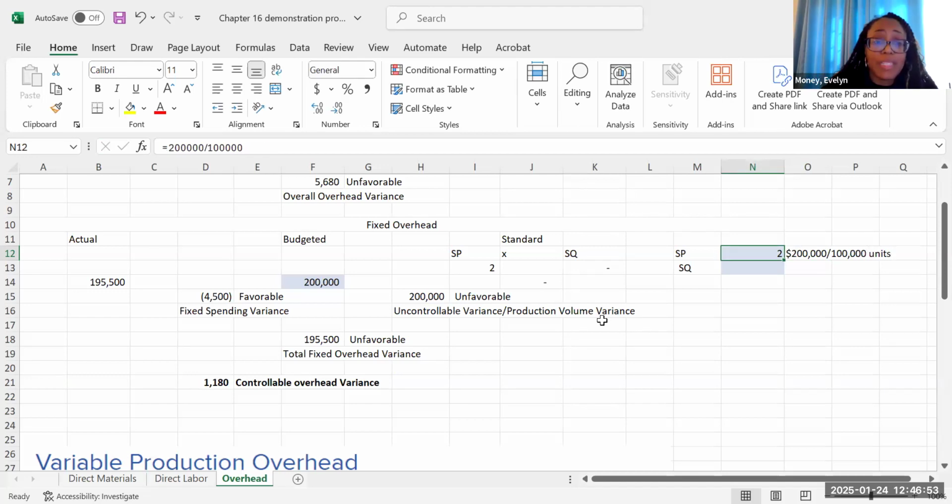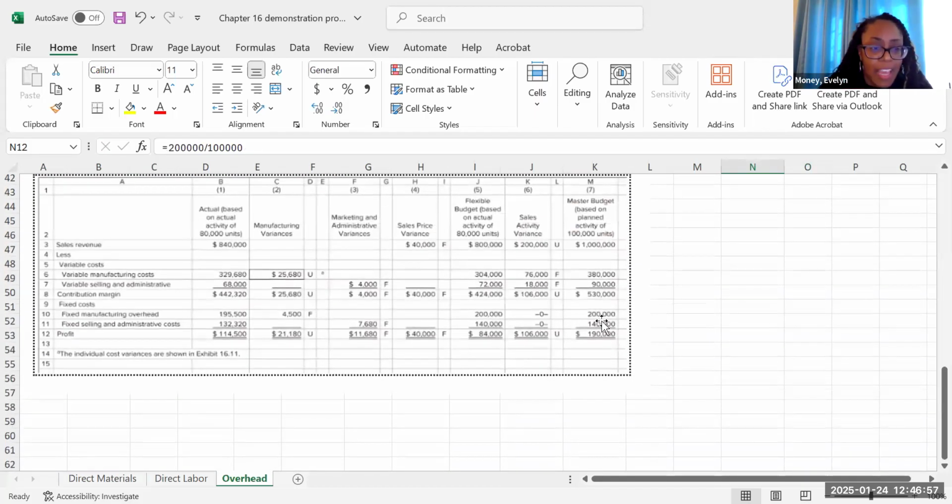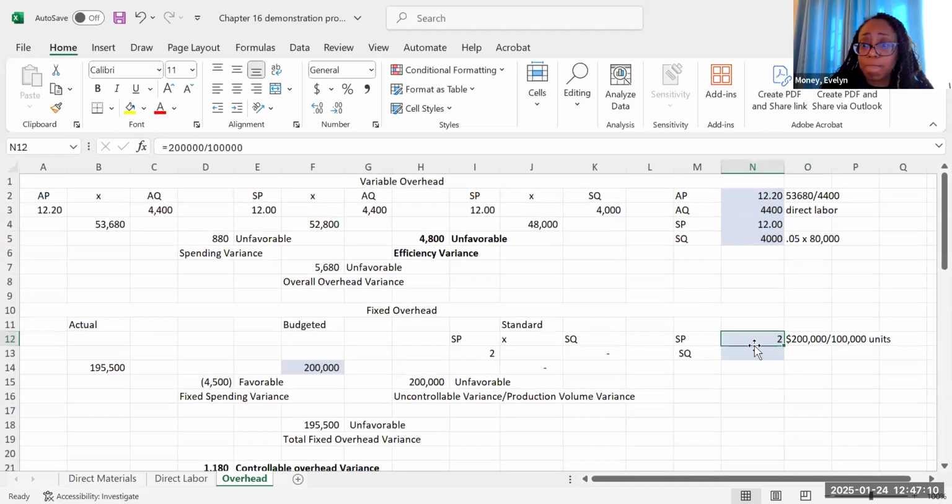Now, what this problem is missing is some additional words to be able to tell me all of this. That's why we'll do another problem in a bit on the fixed overhead, because this one can be a little bit confusing. But we needed to pick up the master budget amount for the standard price here.